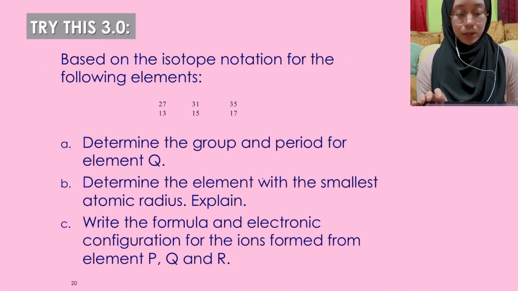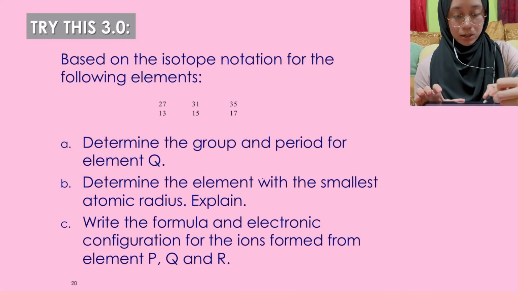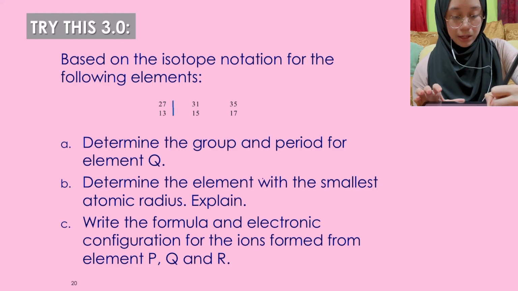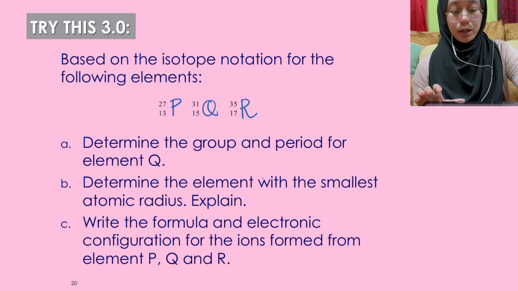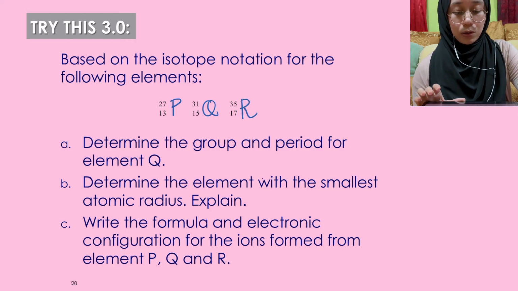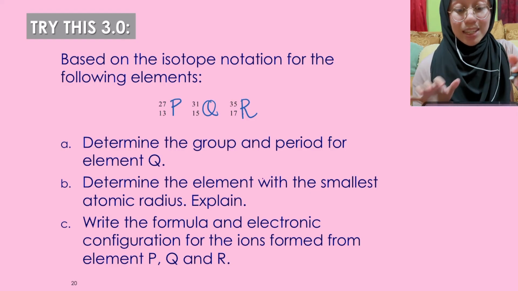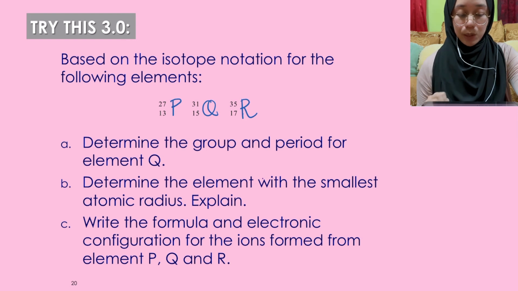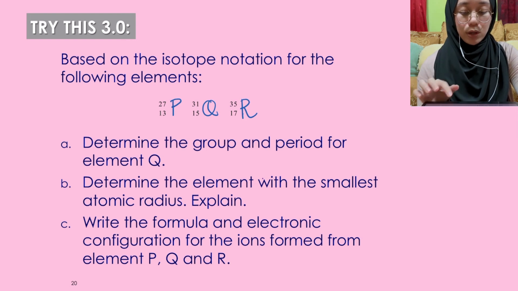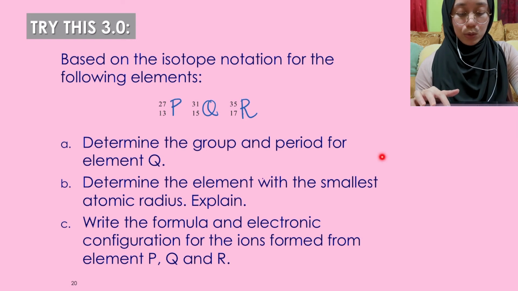And then this is another one. So dalam Miss punya ni tak clear sangat. I mean like dia hilang pula huruf dia. Tapi I think dalam your notes sepatutnya ada PQR ni. Okay, so these 3 elements, they are isotope. Sekejap. No, they are not isotope. So this is isotope notation for the 3 elements PQR, and then you have to determine the group and period for element Q and so on.